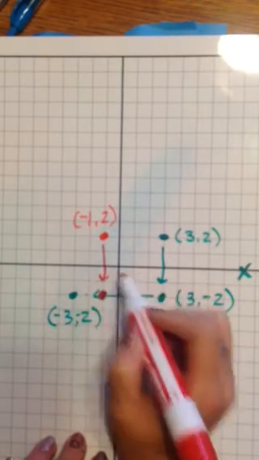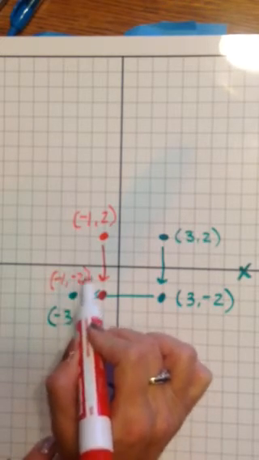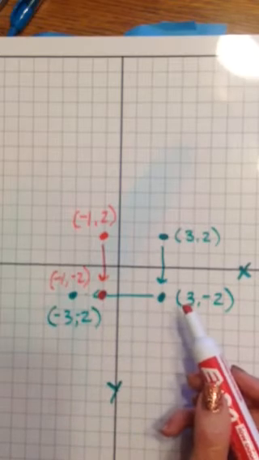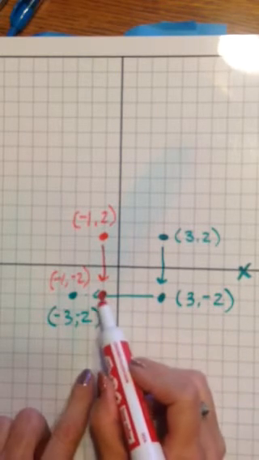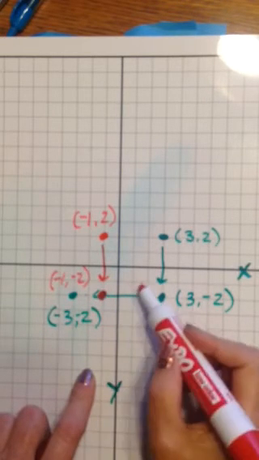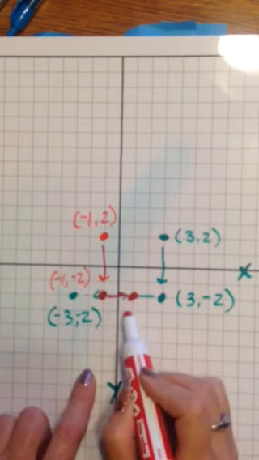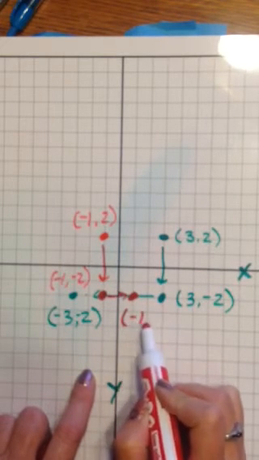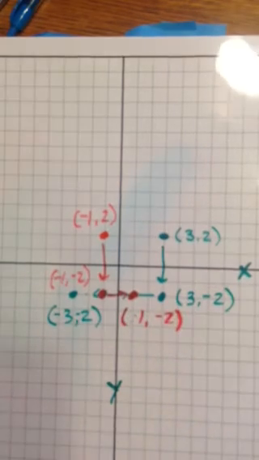And my new point for the red would be negative 1, negative 2. And then I'm coming across, and I'm still on the negative 2, so I'm going to come over here, and I'm going to go there, and my new number should be positive 1, negative 2.